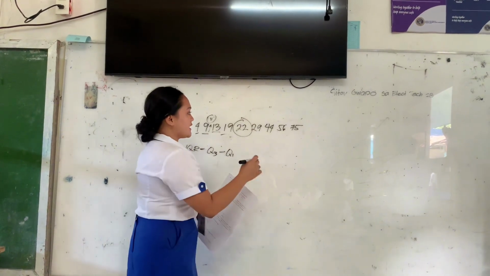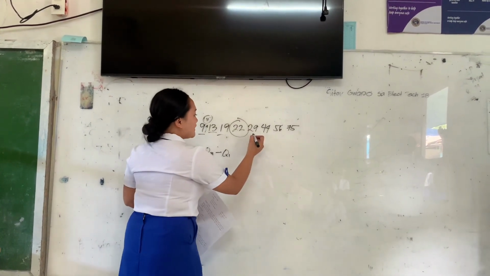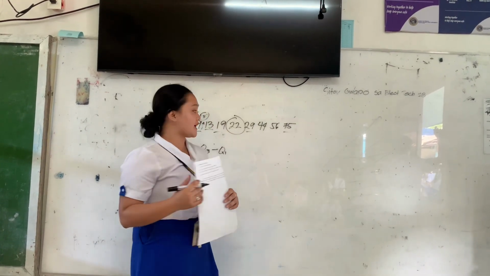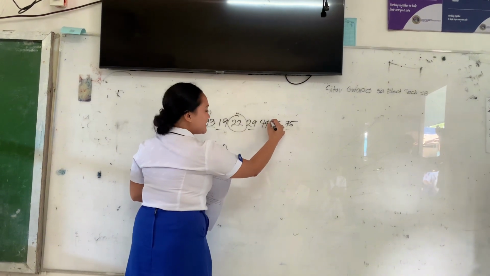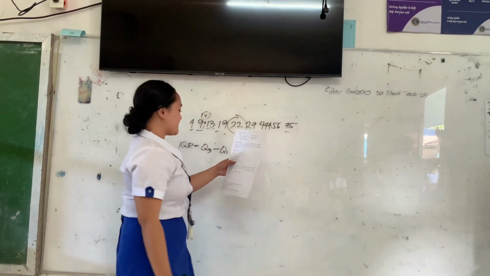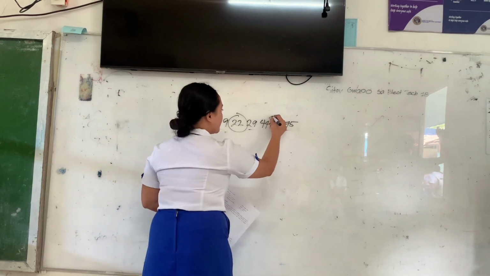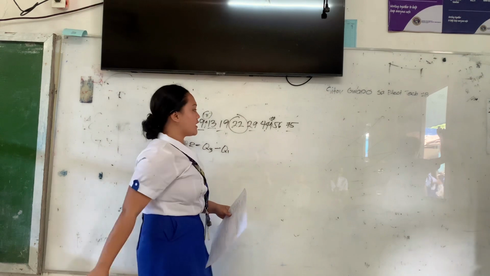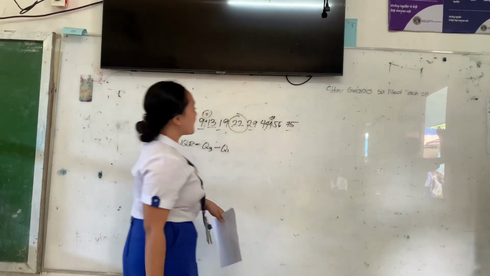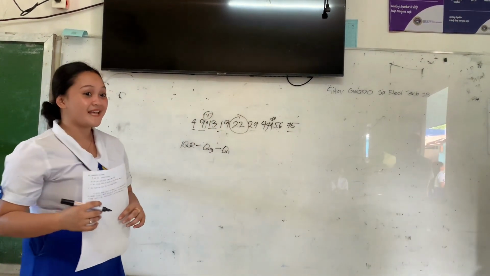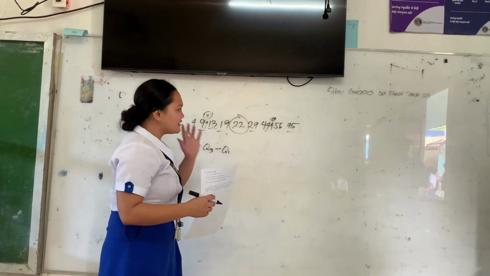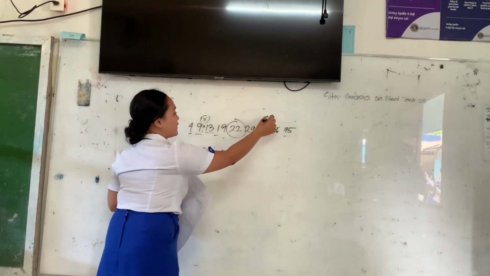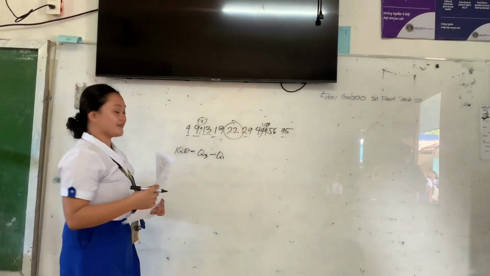The next is the upper quartile, 29 to 75. Between them is the median. 56 plus 44 is 100, then divide by 2. That's why our median is 50.